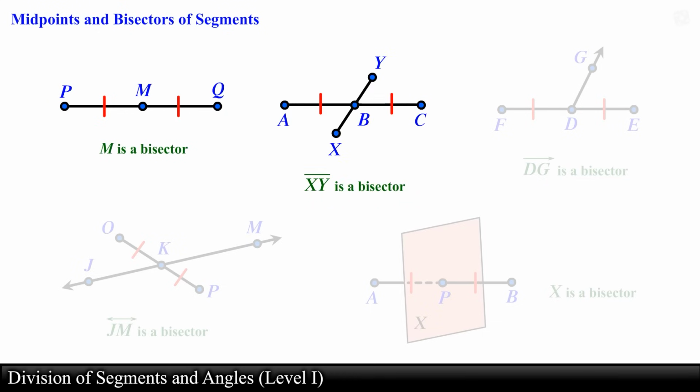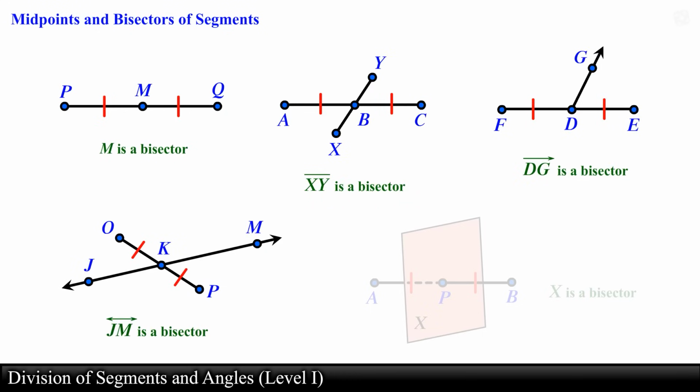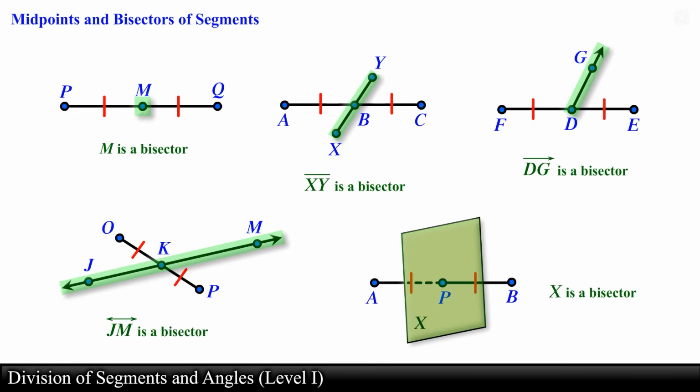So a point, segment, ray, line, or plane can bisect a line segment, creating a midpoint which divides the segment in half, creating two congruent segments.